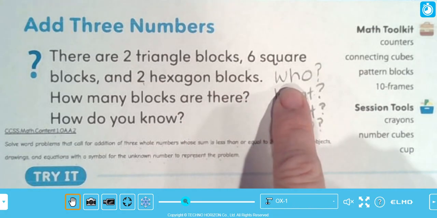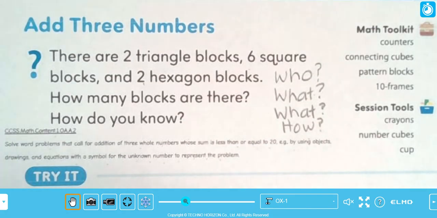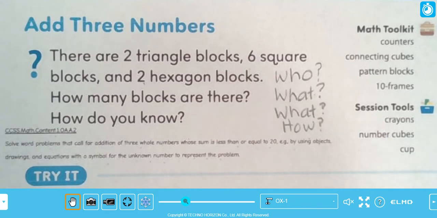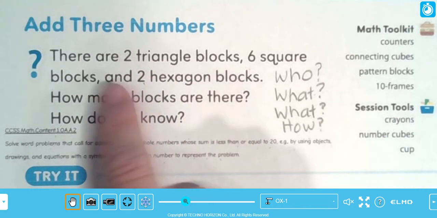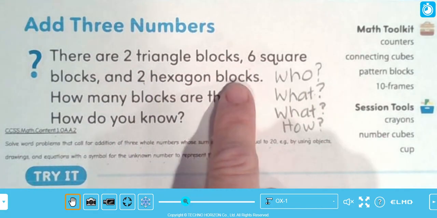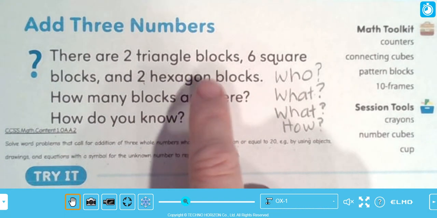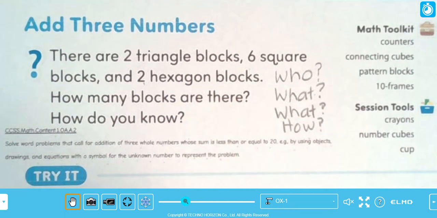Okay, so who is this story about? Well, it's not a who, right? It's a what. There are no people in this story, but we know that there's triangle blocks, square blocks, and hexagon blocks. So that's who the story is about, okay?